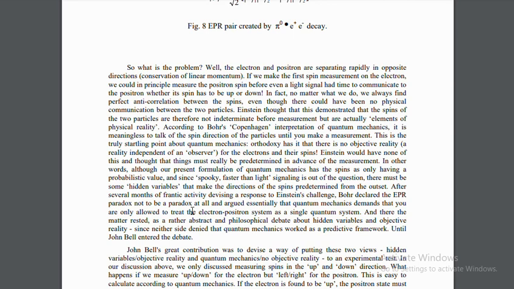After several months of fantastic activity devising a response to Einstein's challenge, Bohr declared the EPR paradox not to be a paradox at all.